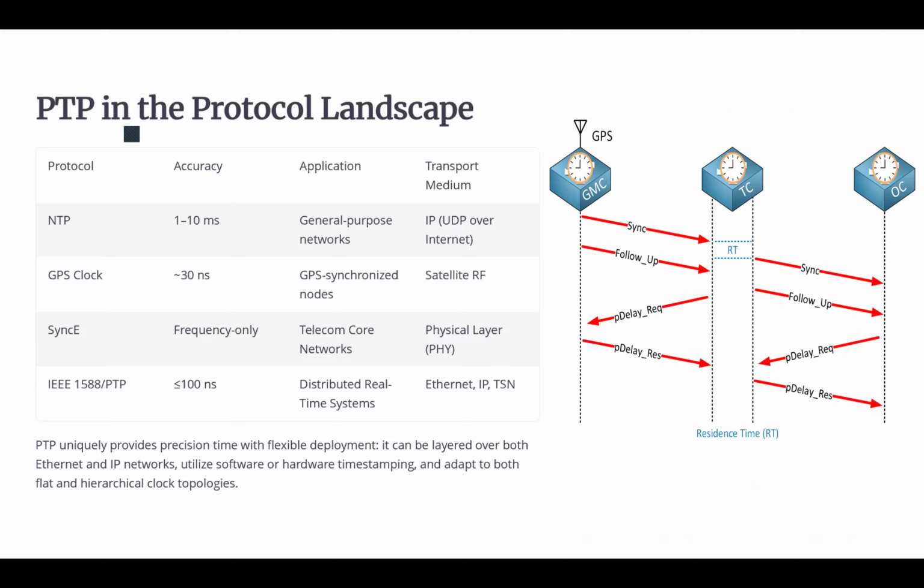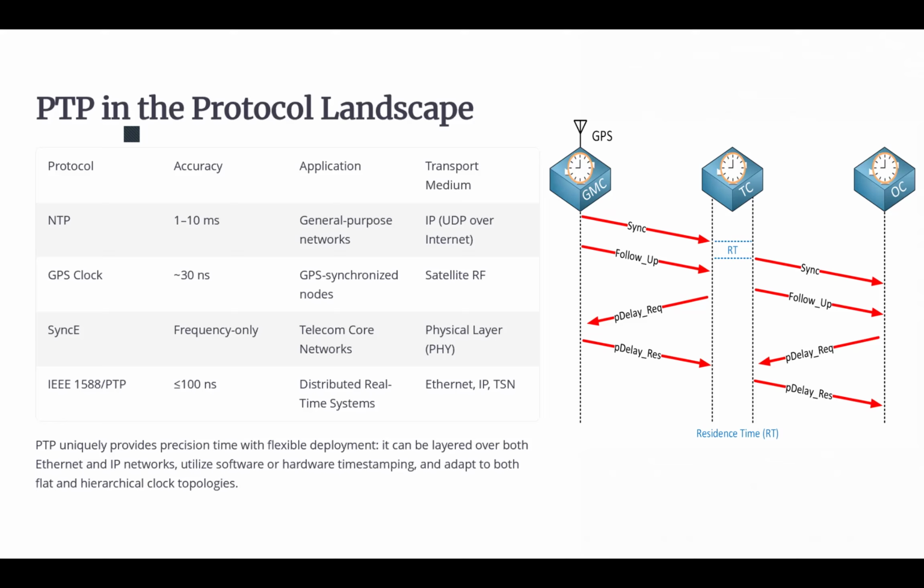Also, the hardware setup can be expensive. So this is one of the downsides when we compare the GPS method to the other options that we have for time synchronization.